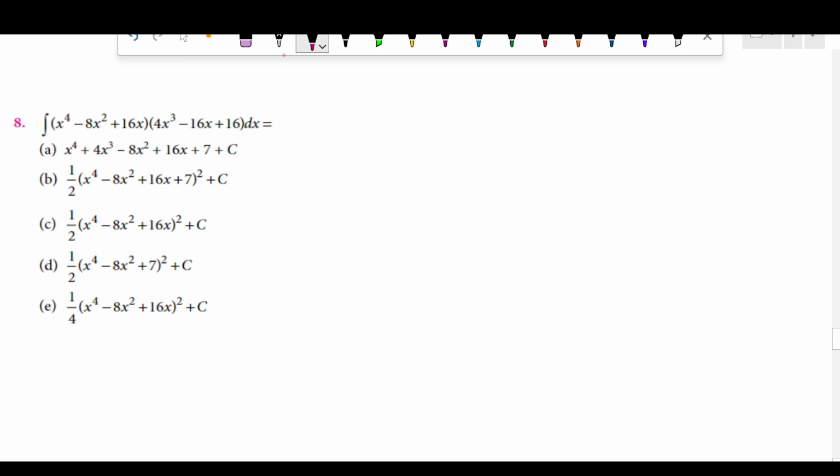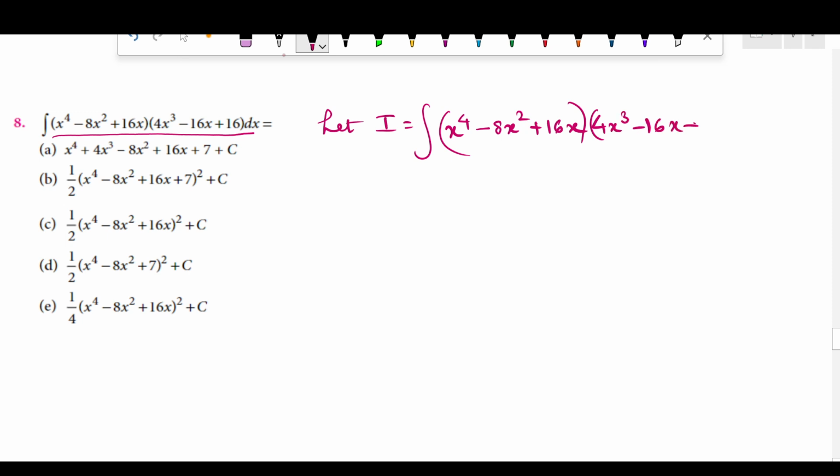This will be the last question for today. Here we need to evaluate this integral. So let's say I equals integration of x to the power 4 minus 8x square plus 16x times 4x cube minus 16x plus 16 dx, right? So you can see that the differentiation of this is this.